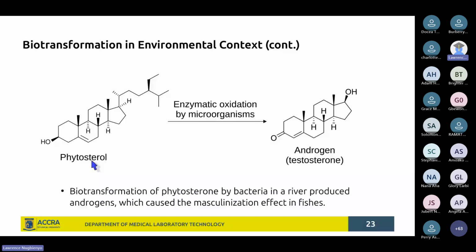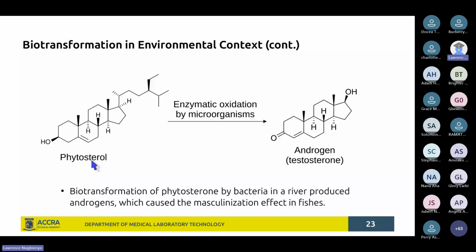The female fishes started to develop masculine features and even put up masculine behaviors. Zoologists can study these things and know that this feature is of the male fish, and this is the female fish. So they realized that the female fishes were developing male features and were actually getting sterile.